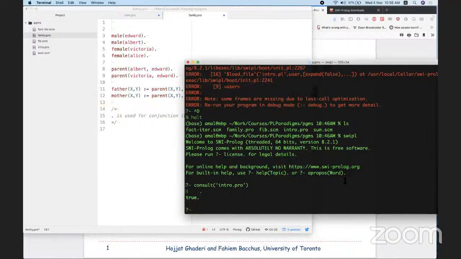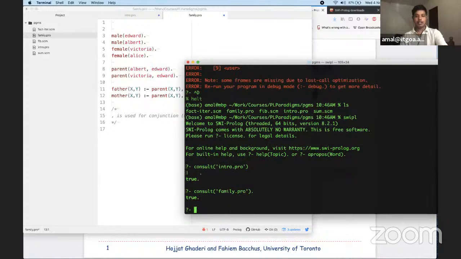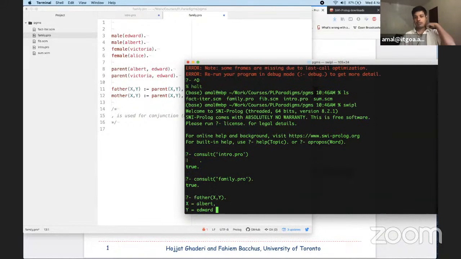Okay, so now let me introduce family.pro. If I consult this one and ask who is a parent of, I can ask: give me X and Y such that X is a parent of Y. That's one query I can ask, and in which case I'll get Albert and Edward.